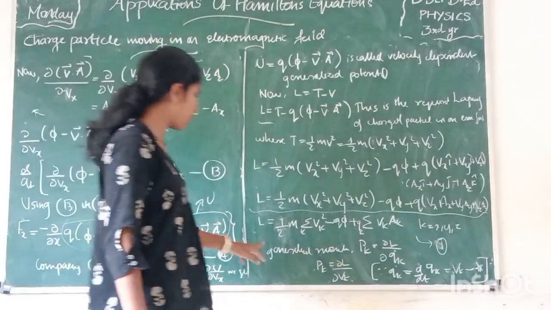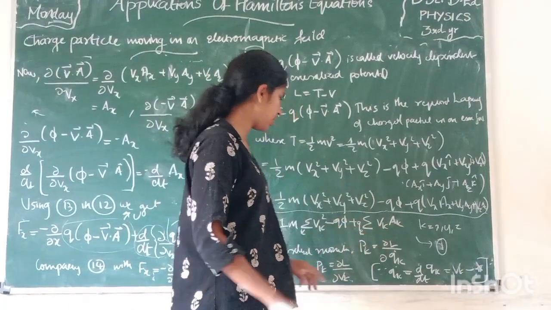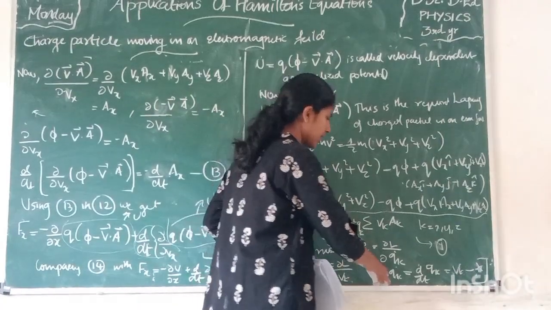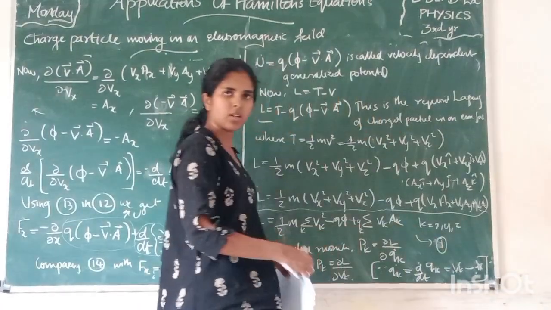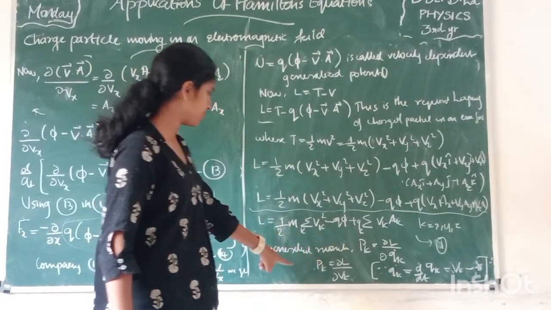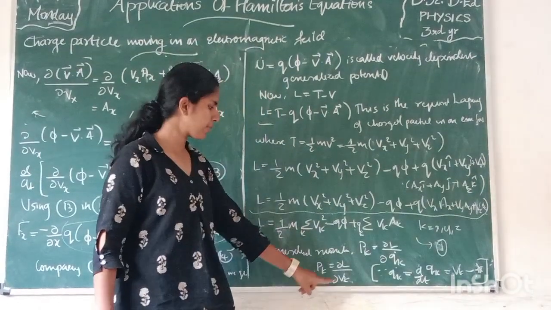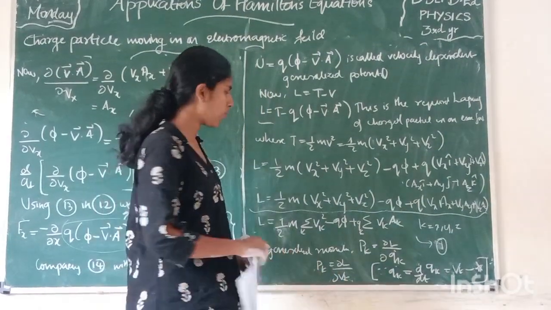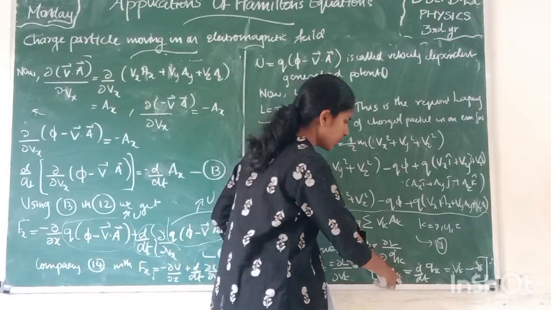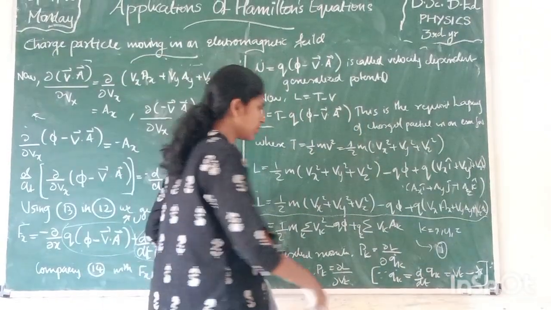So generalized momentum: here the coordinate is qk, and Pk is equal to ∂L/∂qk dot. And how do we get that qk dot? It is equal to d/dt of qk.